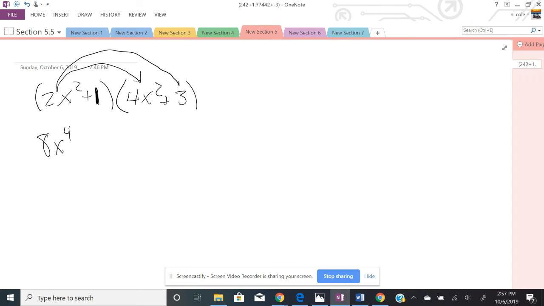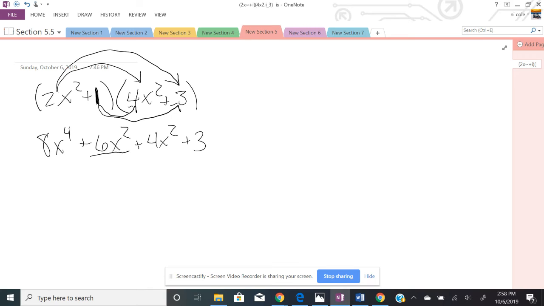Then I will do my outsides, which is 2x squared times 3. 2 times 3 is 6, plus 6x squared. Here's my insides. So that's 1 times 4x squared gives me plus 4x squared. And then I will have my last, which is 1 times 3, so plus 3.